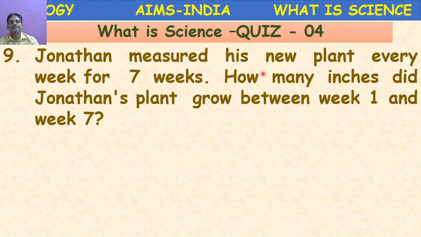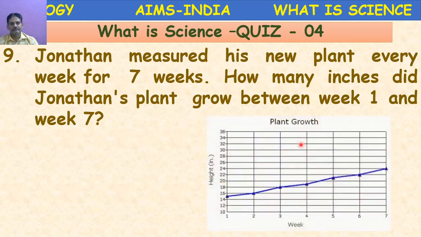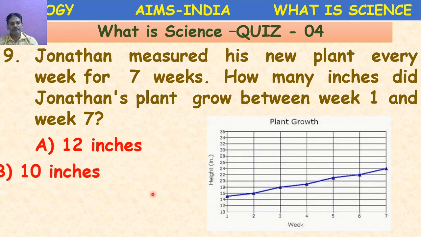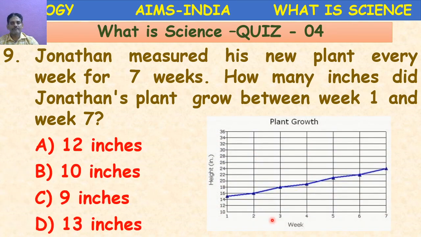Jonathan measured his new plant every week for 7 weeks. How many weeks has he measured? 7 weeks. How many inches did Jonathan's plant grow between week 1 and week 7? Here he represented it in the form of a graph.